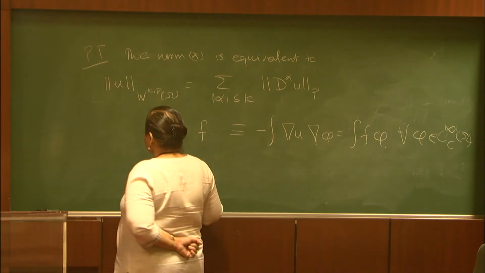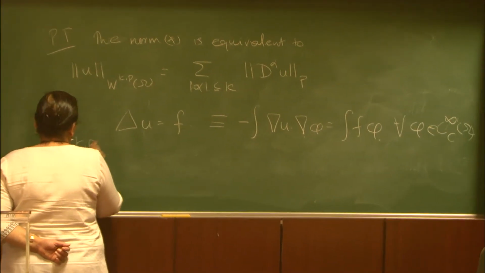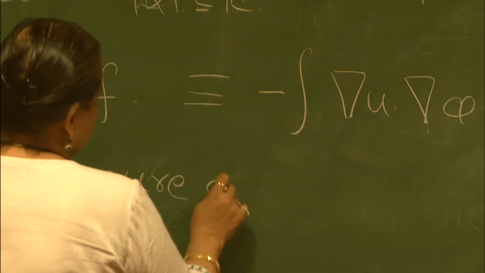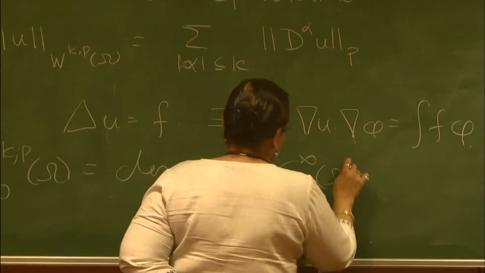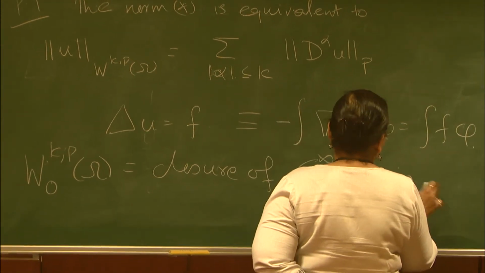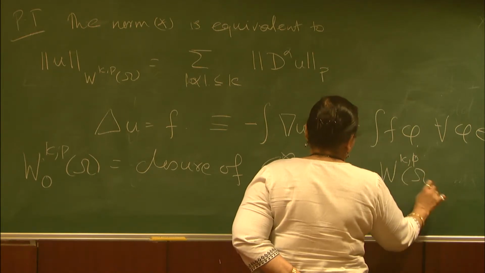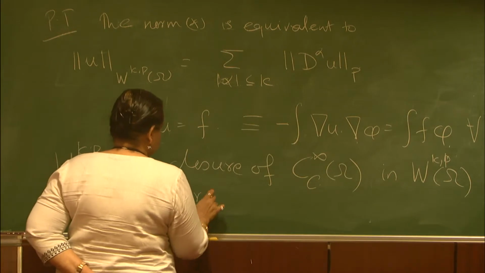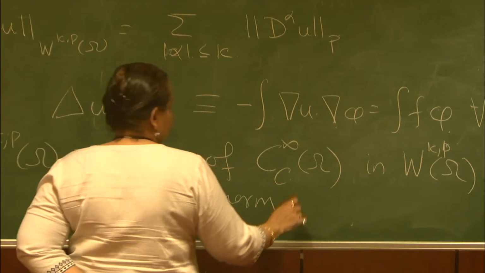What we can do is define W0 k,p of omega to be equal to the closure of C infinity functions with compact support in omega, in W k,p of omega, with respect to the norm.